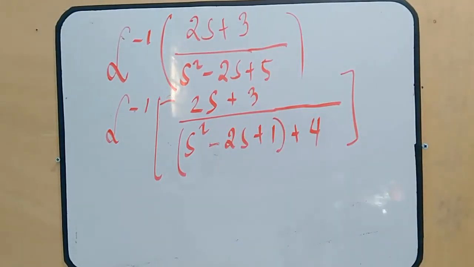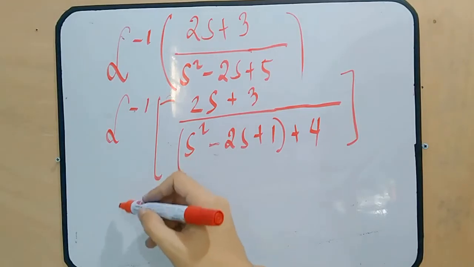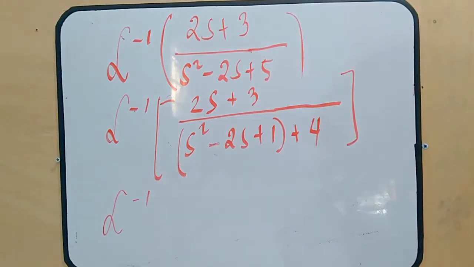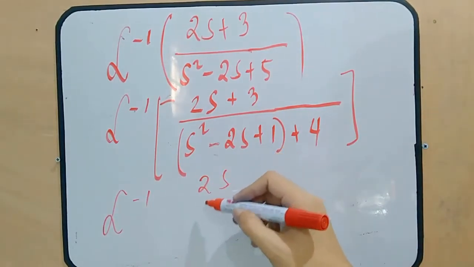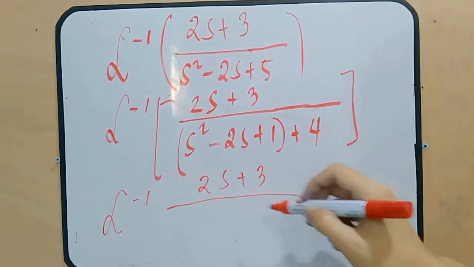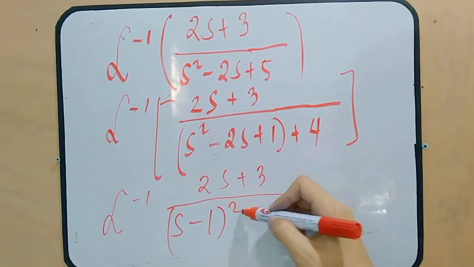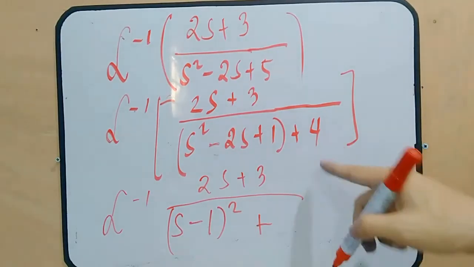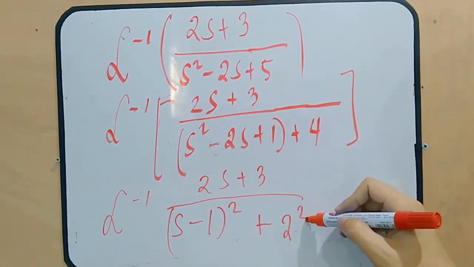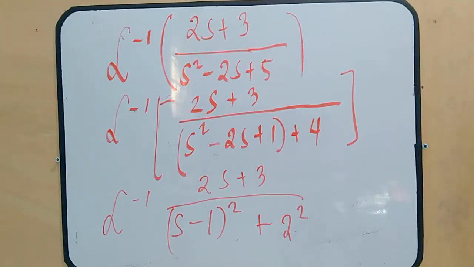So, the inverse Laplace transform of 2s plus 3, all over, ito guys, this is s minus 1 squared plus, yung 4 natin is, this is 2 squared. So ito guys, applicable na yung formula natin dito.